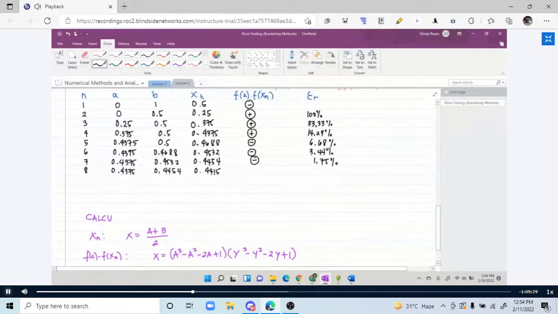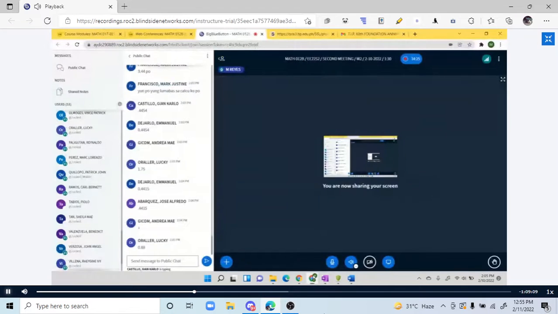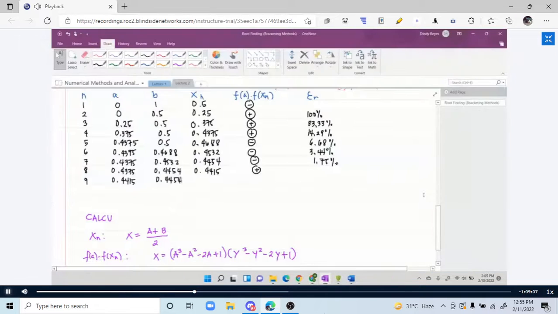Positive is correct. If this is positive, we change the value of A to x sub n. So this will now be 0.4415, and this is still 0.4454. Okay, kindly check the relative error in the 8th iteration. 0.88% is correct.